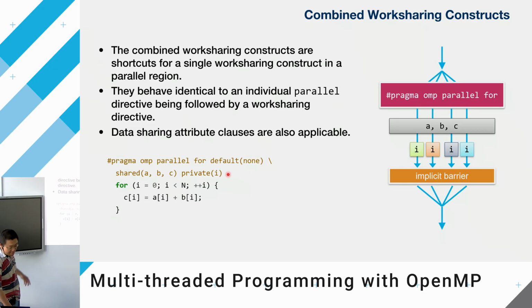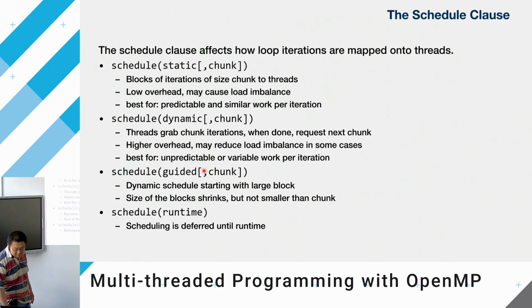Here, as you can see, now it's very concise. OpenMP parallel for, just do it in parallel, do it for the for loop, and then default none means the default variable scoping is not specified, but you need to specify it clearly. Vectors A, B, C are shared, and the variable i is private. Yeah, and then you achieved parallelization for this code.